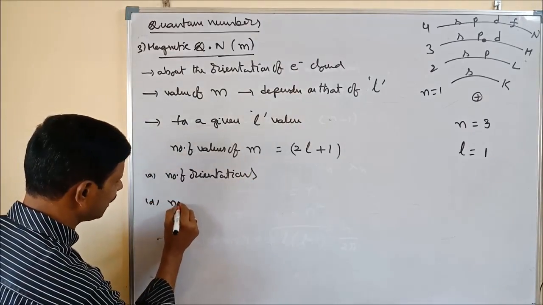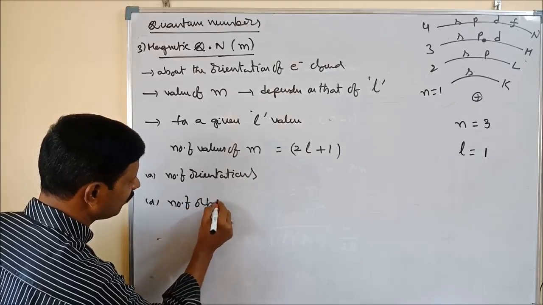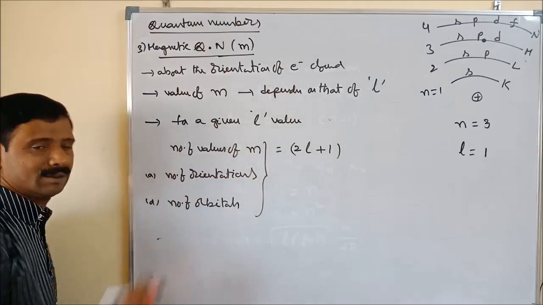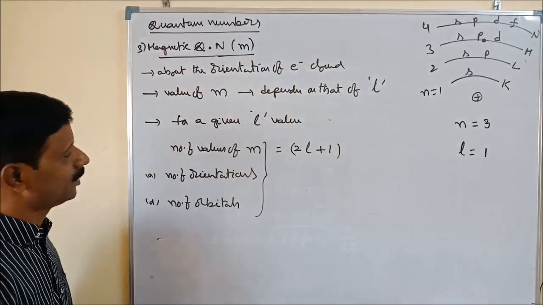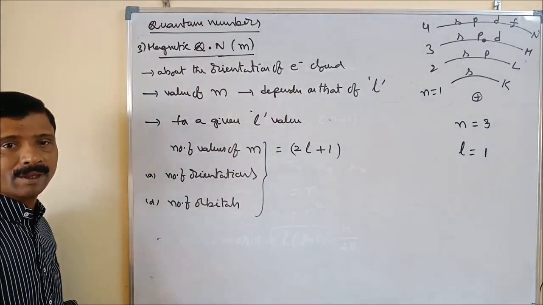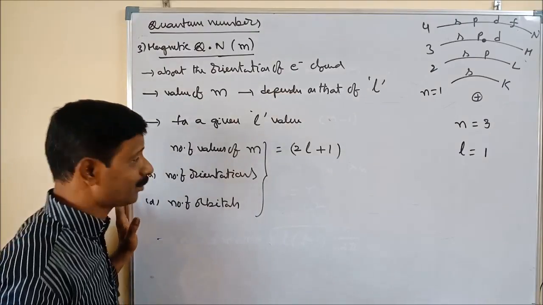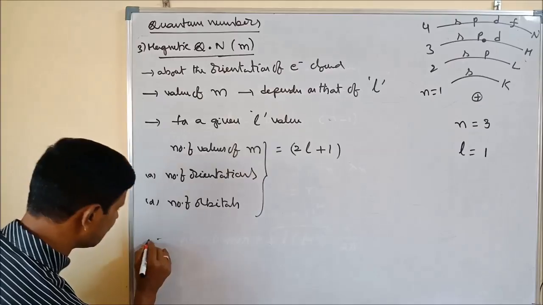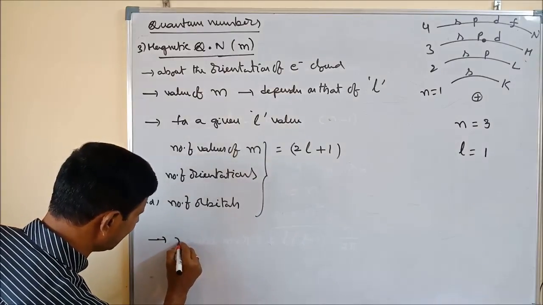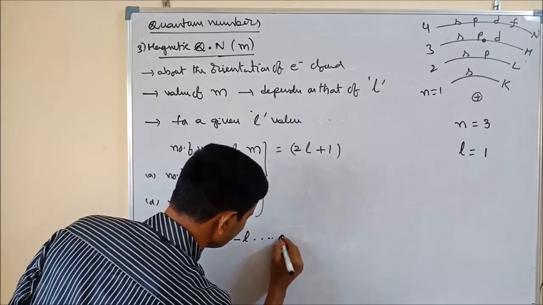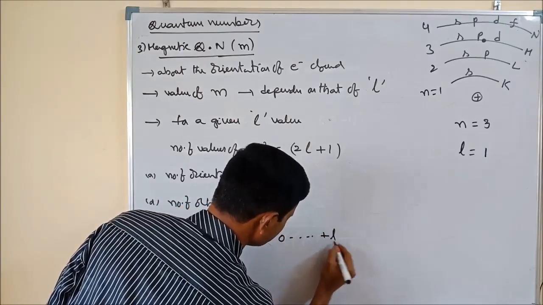So it is nothing but the number of orbitals in a sublevel, that is 2l plus 1. So like this, first we have to find out how many values are possible for m. And after that, these 2l plus 1 values of m go from minus l to 0 to plus l.